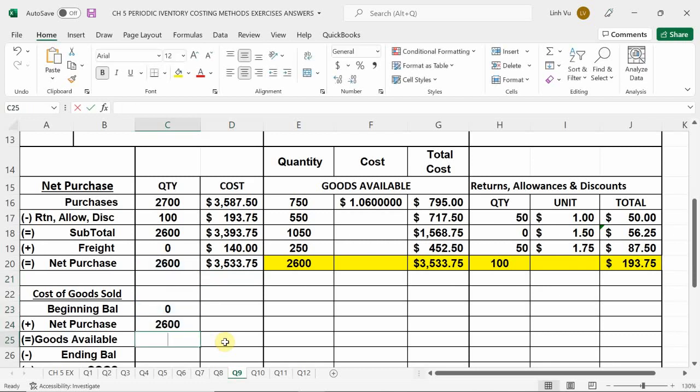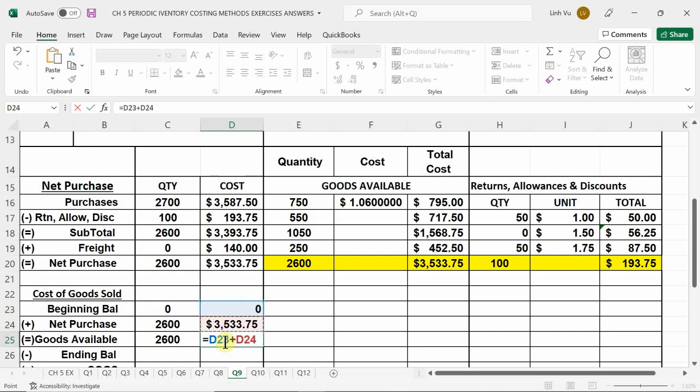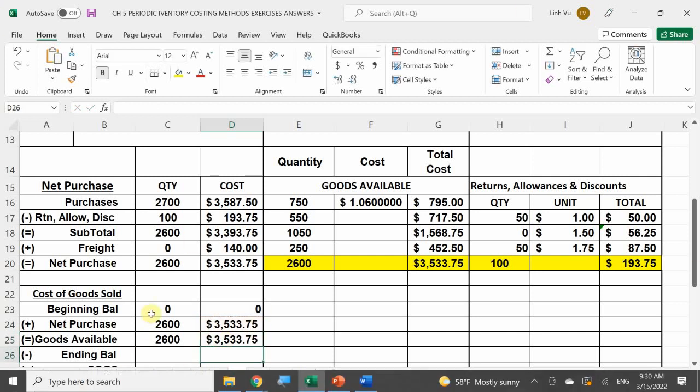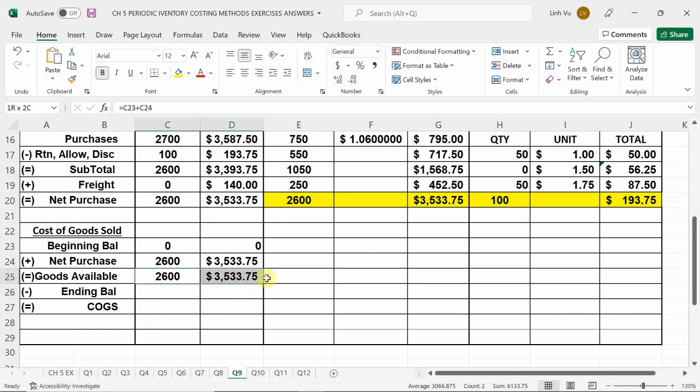As we know, we don't have any beginning inventory and our net purchases is carried down. So this is where I was saying to you guys, you don't need to necessarily build your cost per item table, or I'm sorry, your goods available table, because this is what you're going to get here. It's your total goods available, already calculated right here.